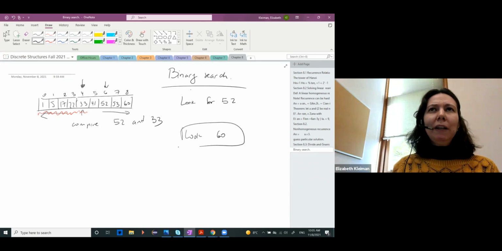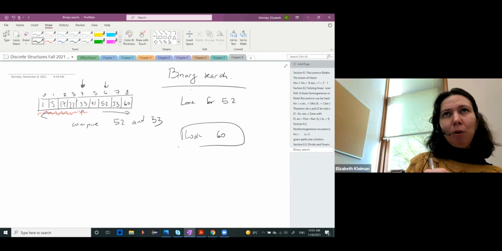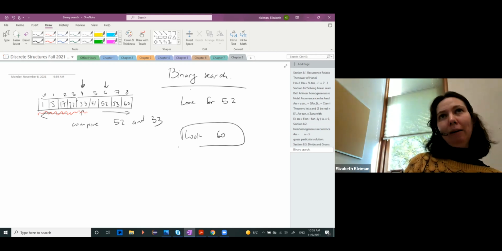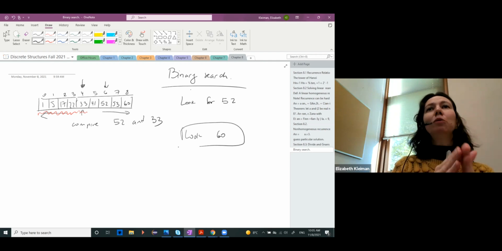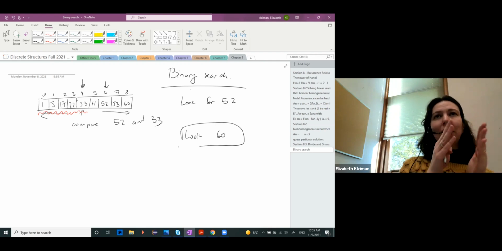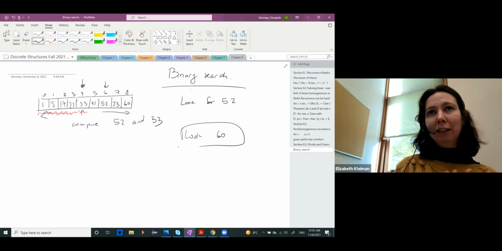This type of thing is called divide and conquer, because what I do is divide my problem into a subproblem. I'm looking in the middle and I'm literally getting rid of a half, and I need to repeat the same process, but now for my right half. So pretty much I run the exact same algorithm, I do the exact same thing to the right side, correct?